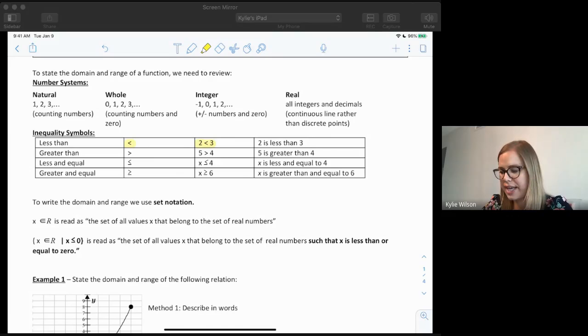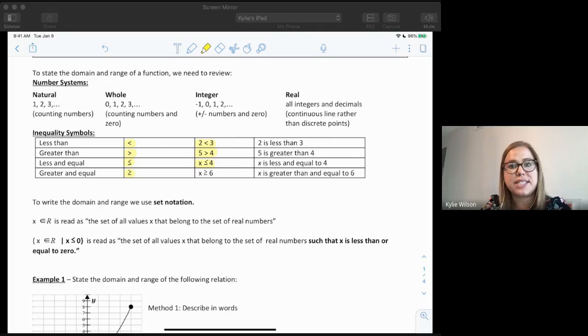Next, greater than. Again, the opening of the little alligator mouth is on the larger number. That one would be read as 5 is greater than 4. Then we have our less than or equal to or greater than or equal to. That means that, for example, x is less than or equal to 4.